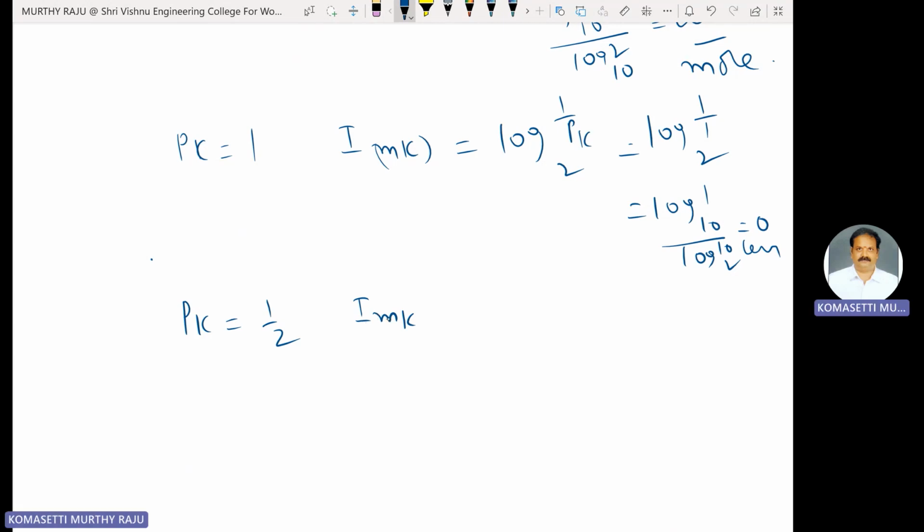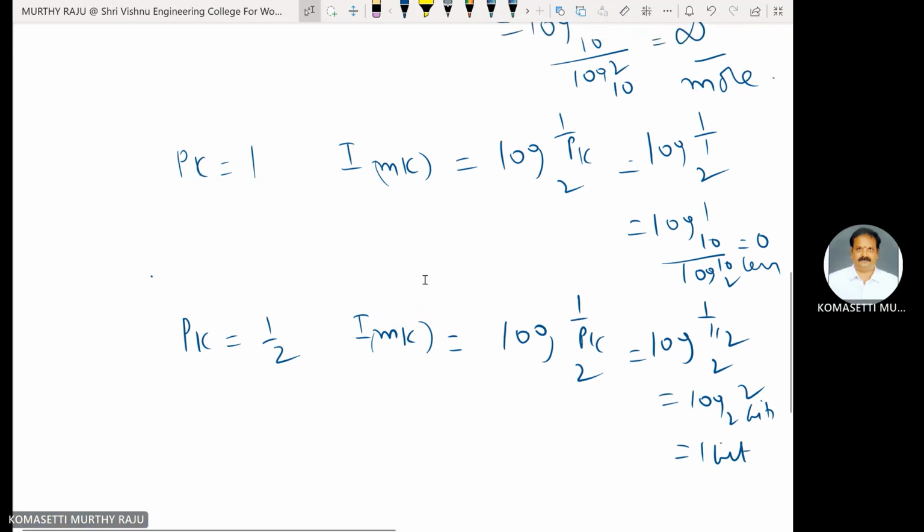In summer, rain has been sprinkled. Surprising event. That is I of MK is equal to log 1 by PK base 2, log 1 by 1 by 2 base 2, that is 1 bit.